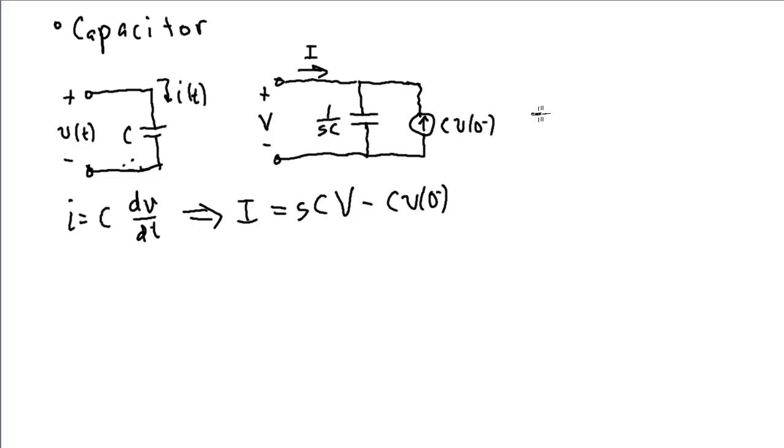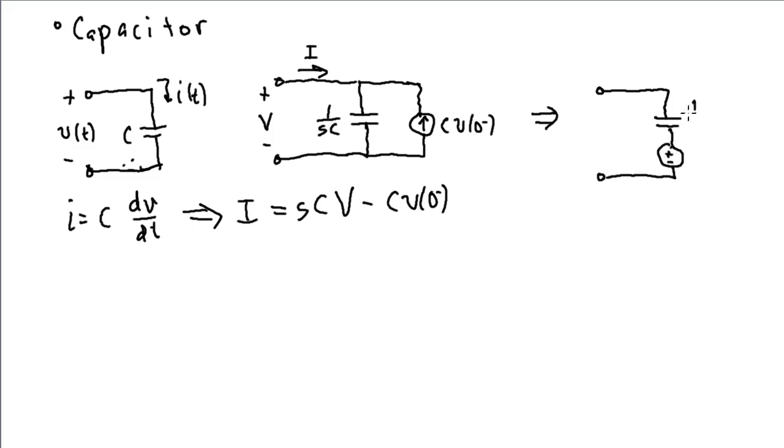Equivalently, we could transform the circuit directly. I'll take a slightly different approach this time. This current source in parallel with impedance can be written as a voltage source in series with the impedance. In this case, based on the direction of the current source, it's going to produce a voltage with this polarity.